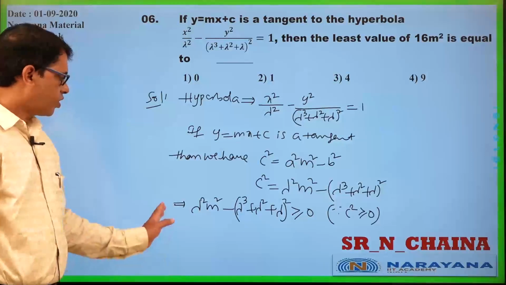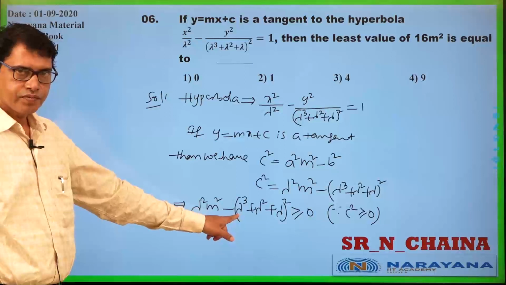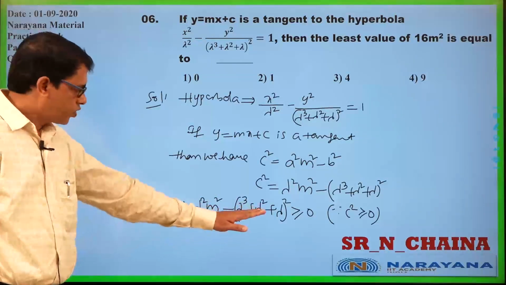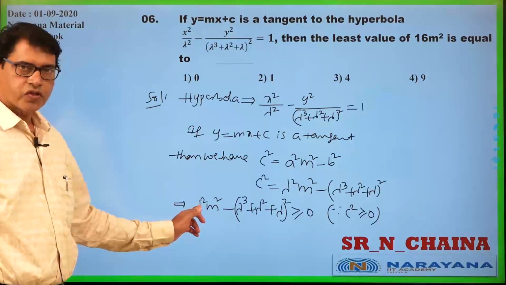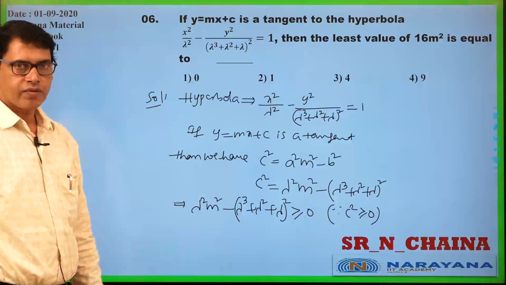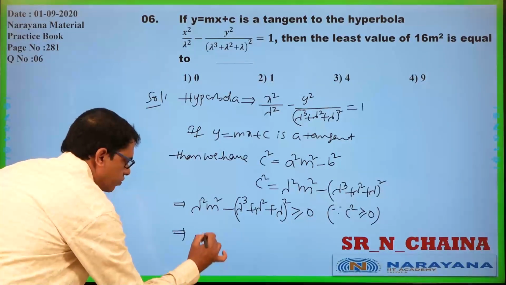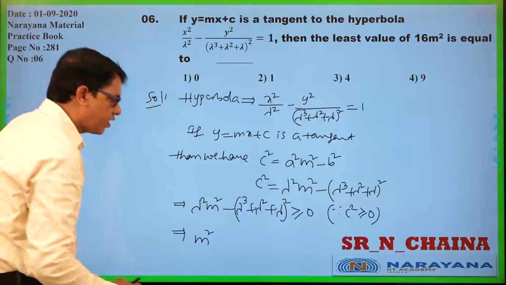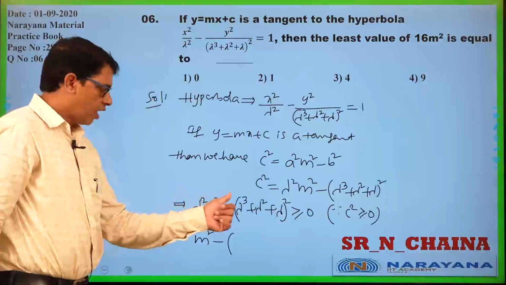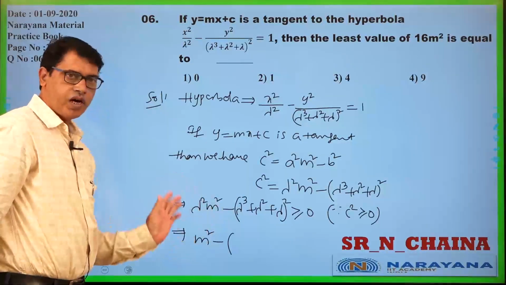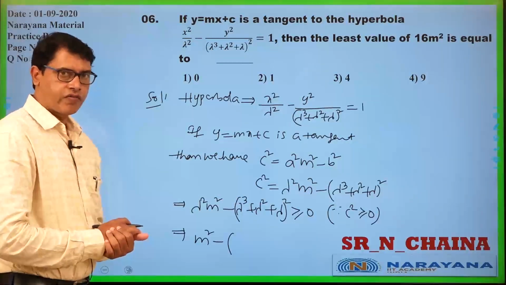Okay. So from this one, inside the bracket take lambda common. So take it outside. It becomes lambda square. I can take the other side because it is a positive value. So we are left with m square minus, here I have taken lambda outside, lambda square common, again take outside because we can divide by a positive quantity for the inequality.